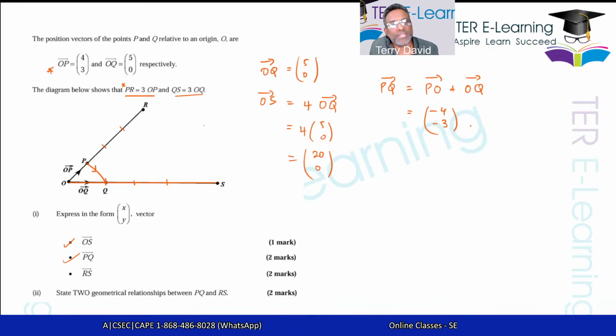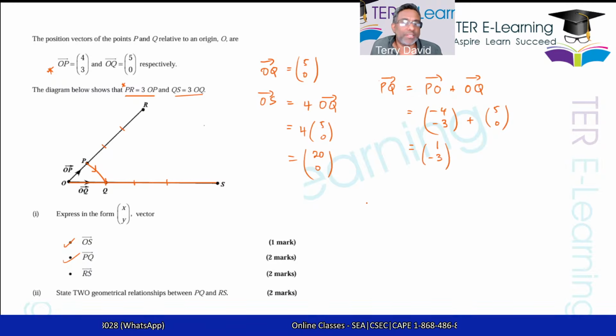Anytime you want to reverse the direction of a vector, just multiply by minus 1. Plus the vector OQ, which is (5, 0). When I add this, -4 plus 5 gives positive 1, and -3 plus 0 gives -3. So this represents the vector PQ. For 2 marks, that's what it is. Now the third part here, they want the vector RS.